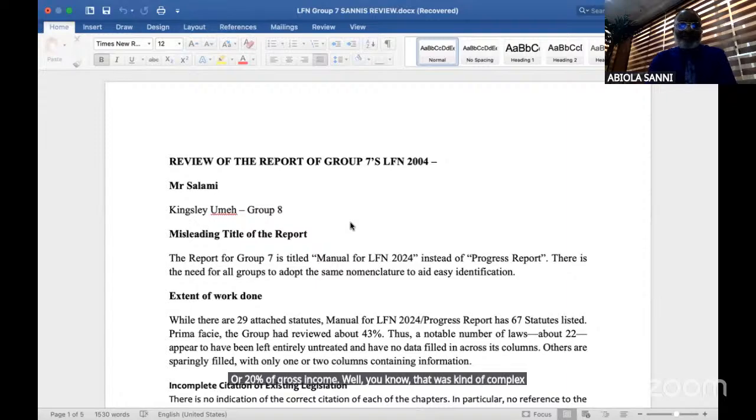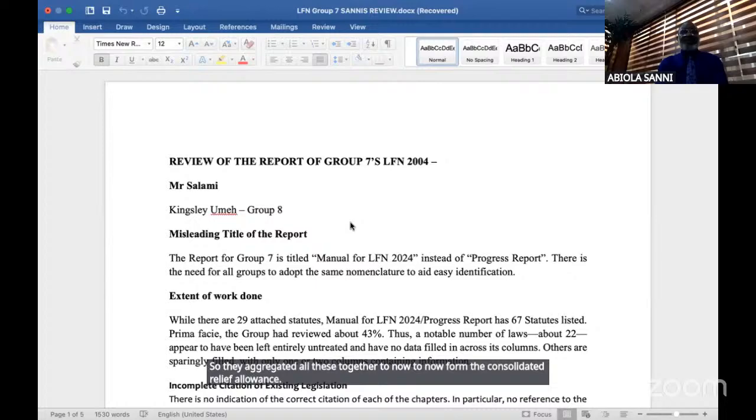In order to simplify it, look at the old allowances: personal allowance, very small, alimony allowance, children allowance, disability allowance, all manners of allowances, but the amounts were very small. So they aggregated all these together to form the consolidated relief allowance.